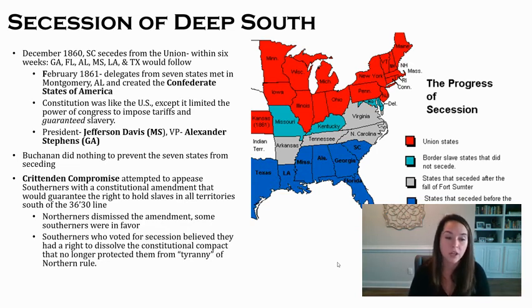But Southerners who did vote for secession believed that there was an abuse of power, and so they referenced the Declaration of Independence, that this Northern rule was a sense of tyranny, just like how the British monarchy had a sense of tyranny. Here's the thing, though.